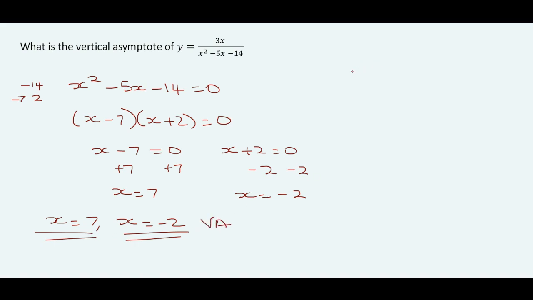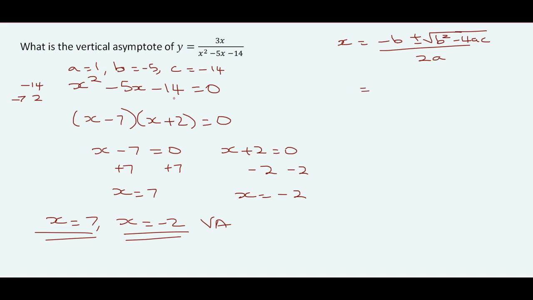Okay, let's try the quadratic formula to see if we get the same result. The quadratic formula is x equal to minus b plus or minus square root of b squared minus 4ac, divided by 2a. So here a is equal to 1, b is equal to -5, and c equal to -14.